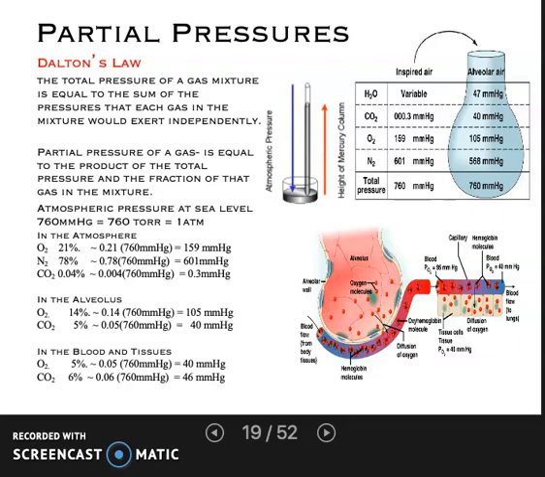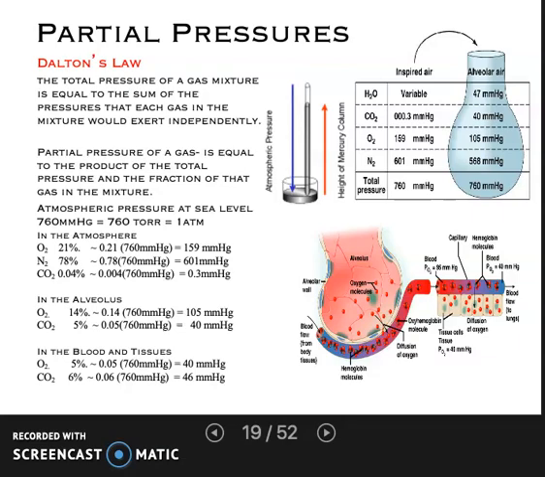After that, the last 1% is made up of argon, carbon dioxide, carbon monoxide, and some other trace elements in that order, respectively. And so when we look at a mixture of gases like the atmosphere, and we look at how gases go into solution in our blood, we talk about a concept of partial pressures.